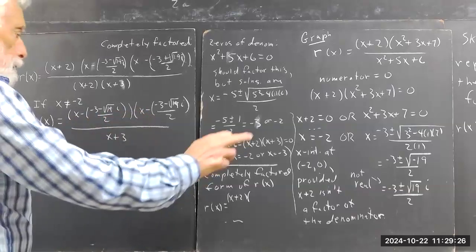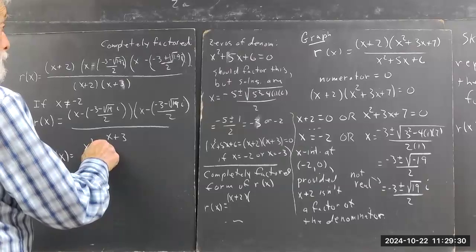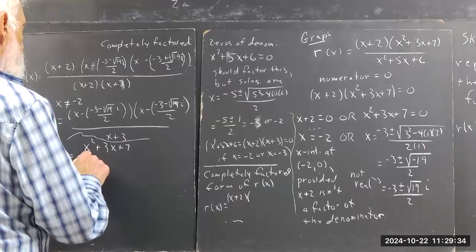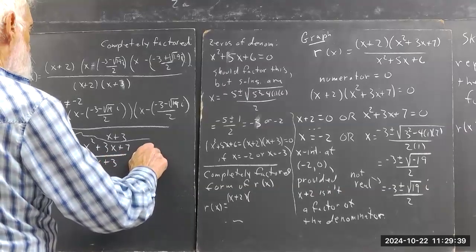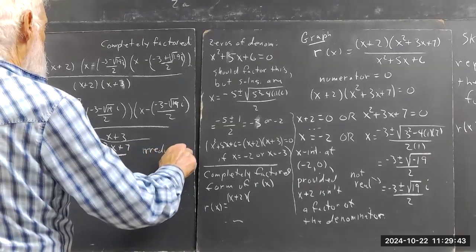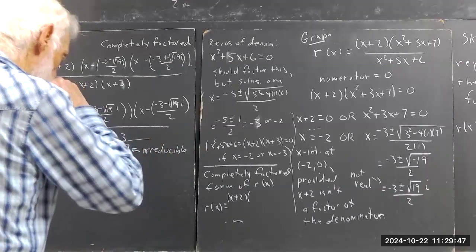If this is multiplied out, and if I did this correctly, its numerator is just x squared plus 3x plus 7. The denominator is x plus 3. And the numerator is irreducible.